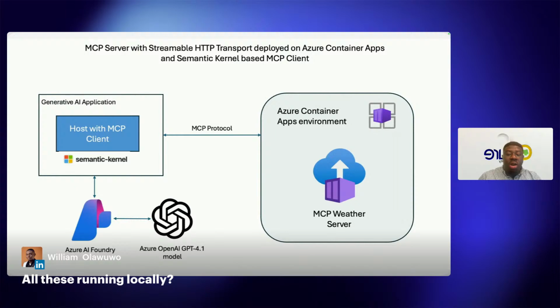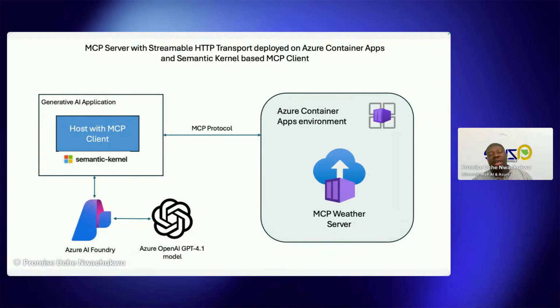The second one, which we want to do, oh, someone was asking, is all of this running locally? The only thing I'm running locally is my MCP inspector tool, which is my client. Every other thing is running online.